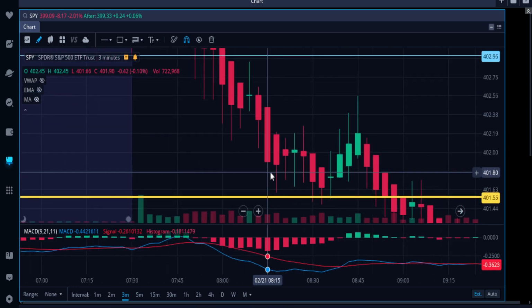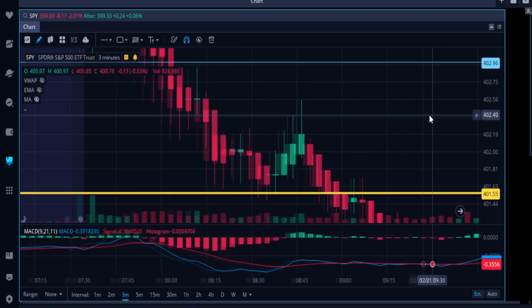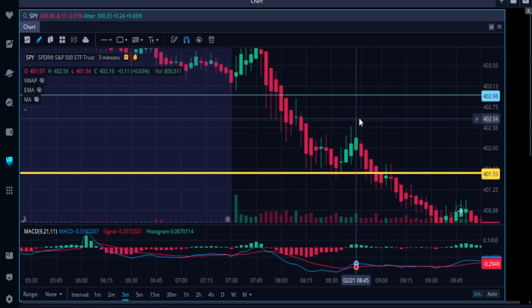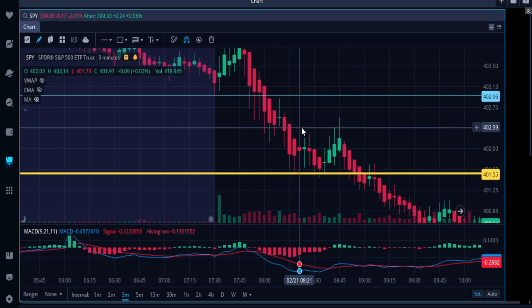Sometimes I do sell slightly before the target, but that's fine. As long as you're collecting profits and collecting the majority of the profits available to you based off that setup. So that's pretty much for this trade.